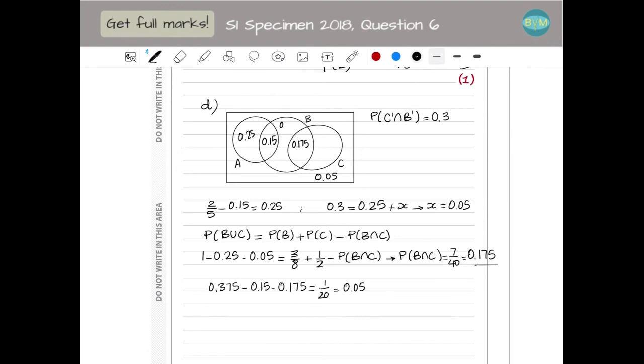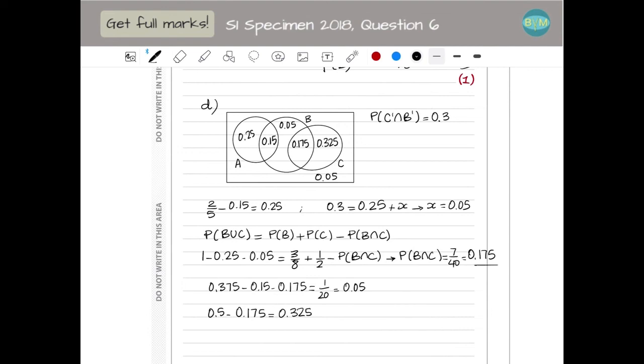So this is this number here. And for the last one, I know the probability of C, which was 1/2, so 0.5, minus this bit here, 0.175, is going to be 0.325, and it's this number here.